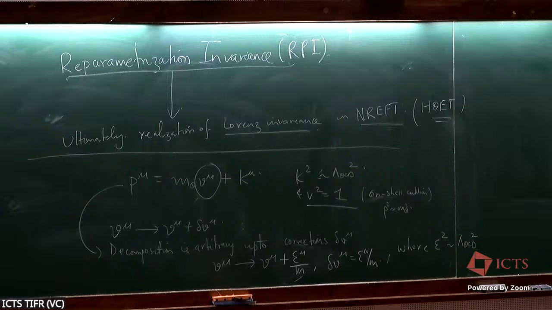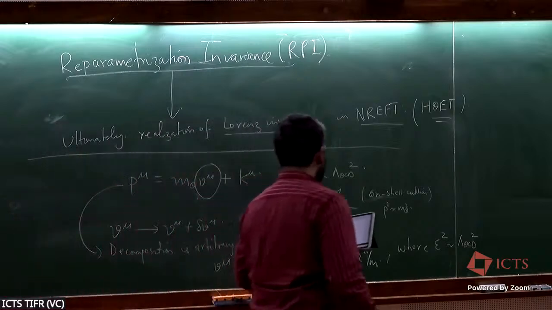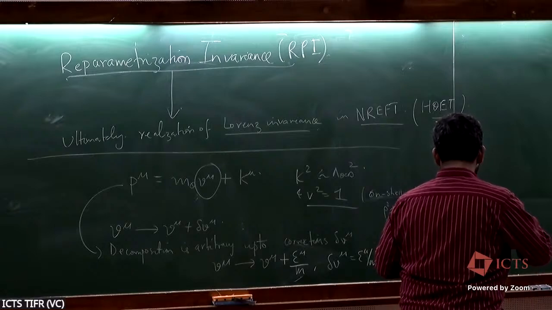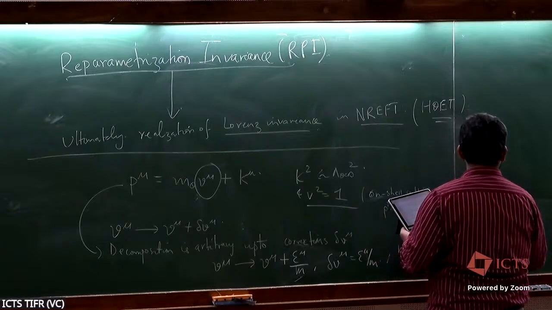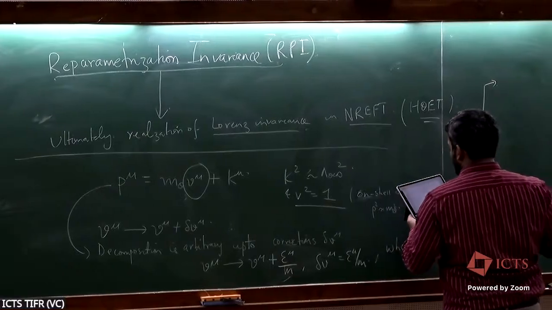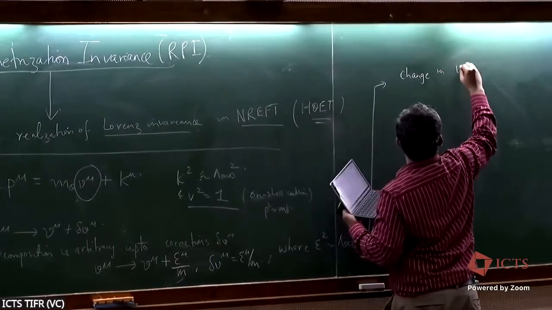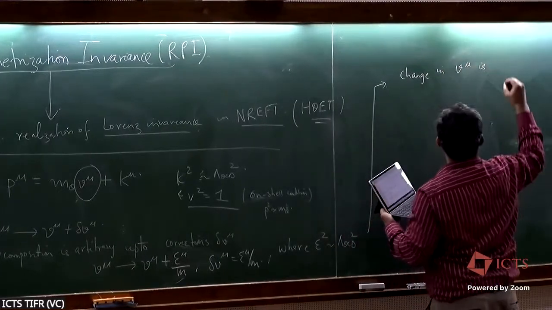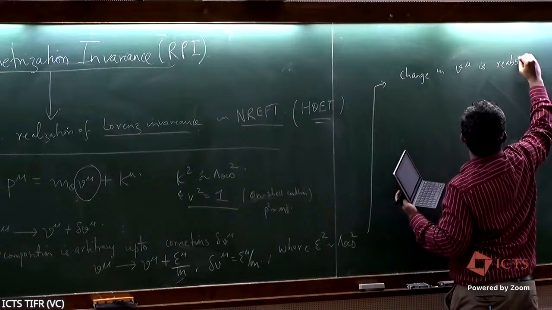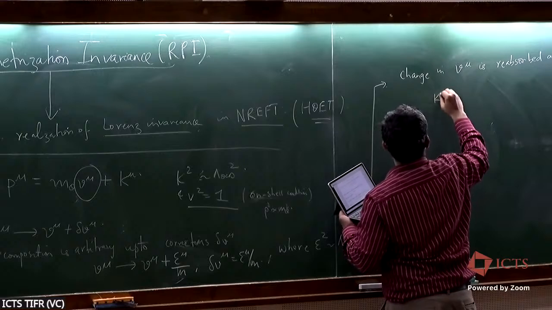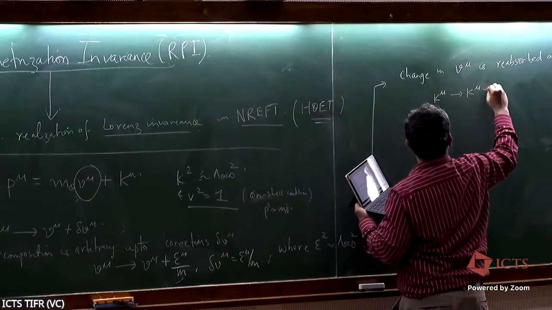In one case gives me a V1, in another case gives me a V2, and this is the relation that would connect my V1 with V2 in a way. So any change in V mu, in order to keep the heavy quark momentum the same, I can absorb as K mu going to K mu minus epsilon mu.